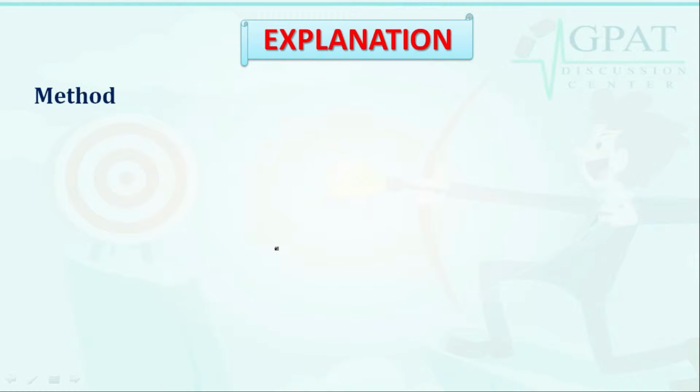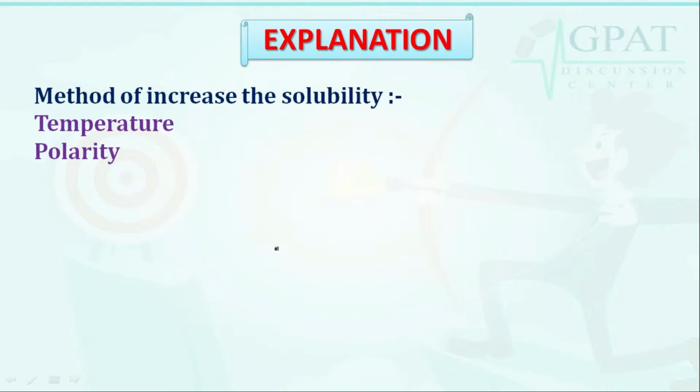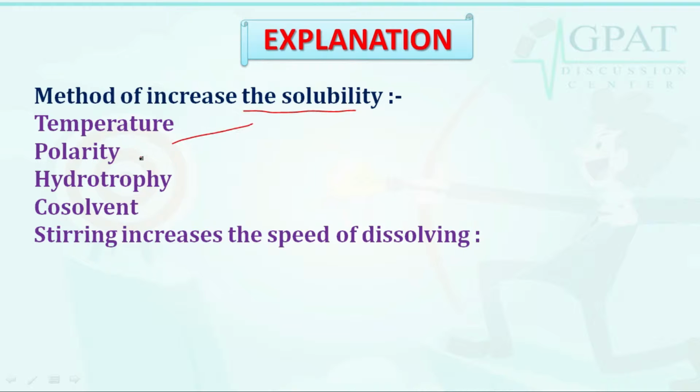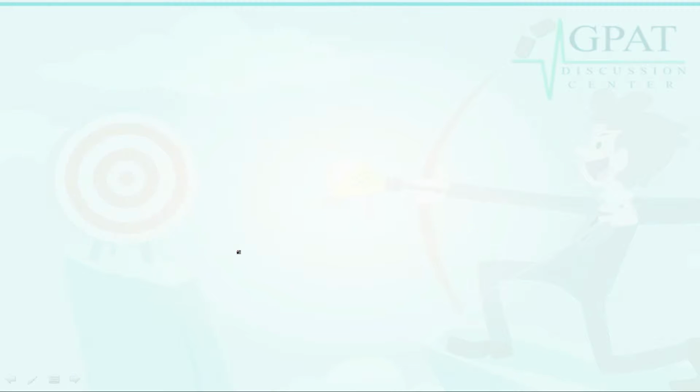Let's discuss with the help of the explanation, students. The methods that increase solubility are temperature, polarity, hydrotropy, co-solvents, and stirring, which increases the speed of dissolving and thus the solubility. So this is all about this question. Moving on to the next question.